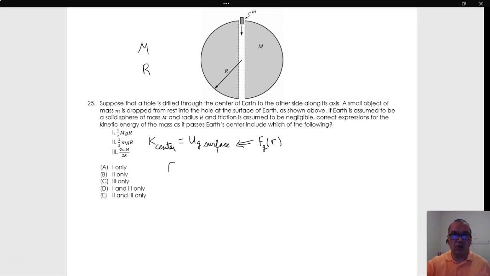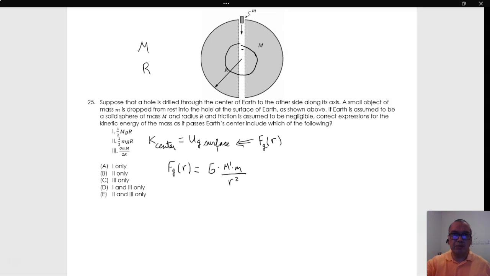From Newton's law of gravitation, we have that the force is equal to G times M prime times lowercase m divided by lowercase r squared. Here, M prime represents the amount of mass below the location of mass lowercase m.